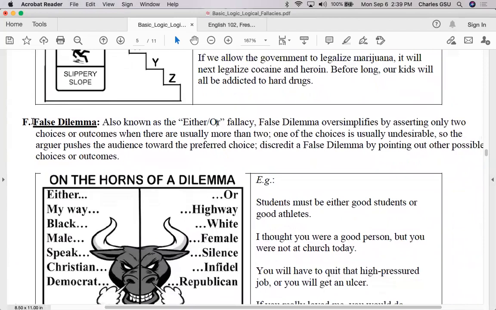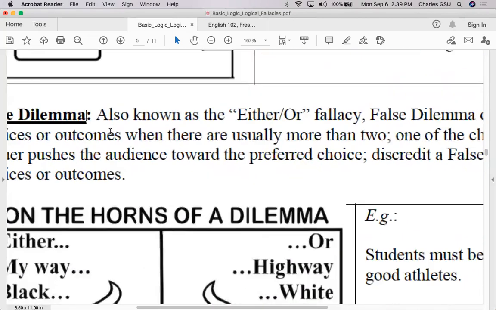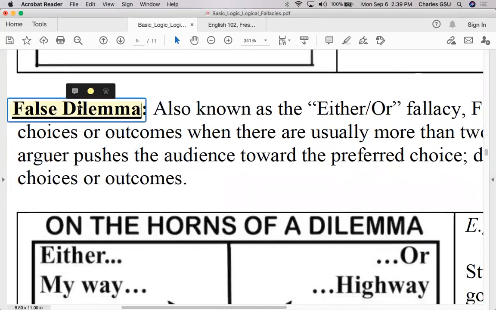Okay, so false dilemma. First of all, we should point out that a dilemma, based on the prefix di, like dichotomy, diurnal, means two. So when you're presented with a dilemma, it's usually, the classic adage, between a rock and a hard place, or a fork in the road, left or right.